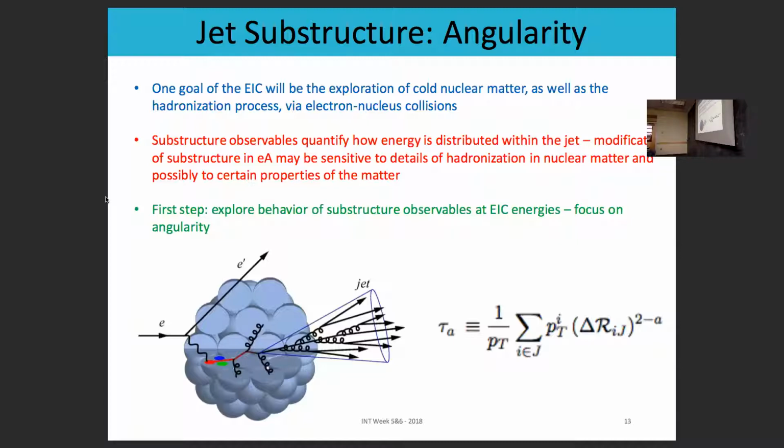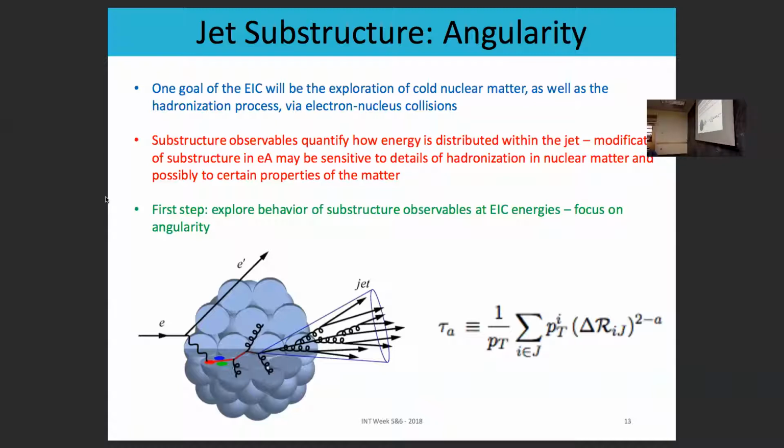The substructure variable is sensitive to how that energy is distributed. So by looking at these various substructure observables in EA and EP, we can get a handle on some of the properties of the cold nuclear matter. And what I'll be talking mainly about is what we call angularity.